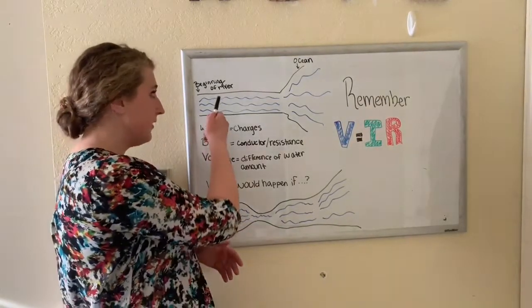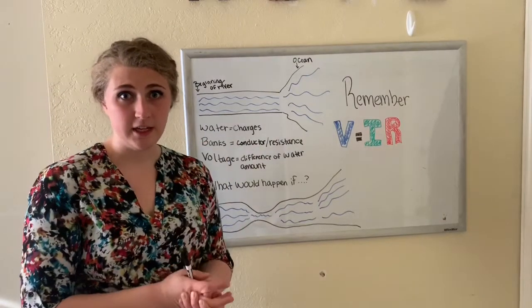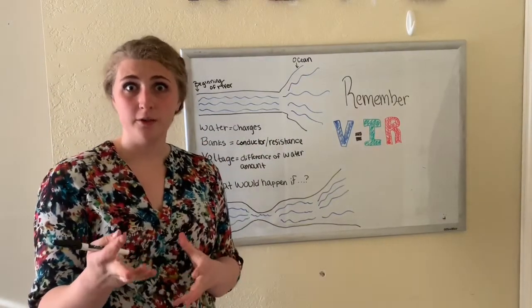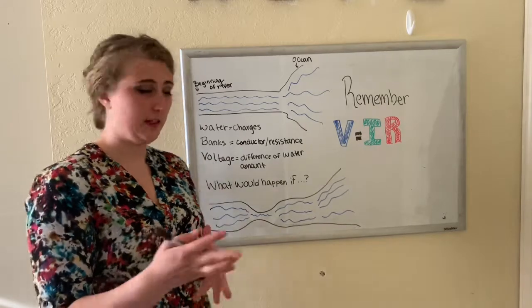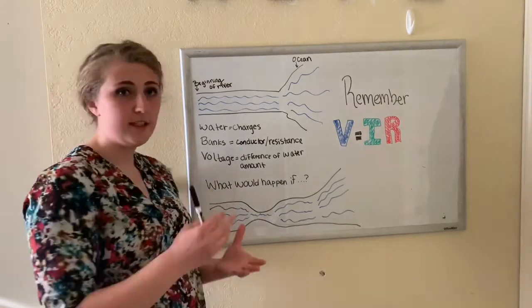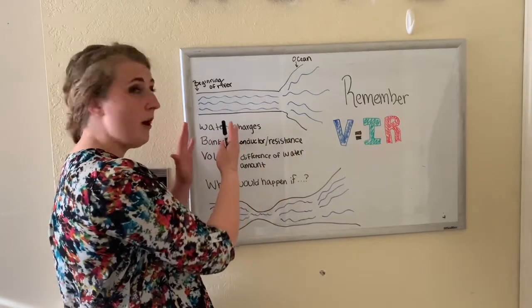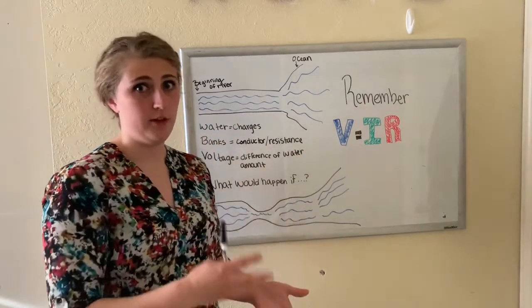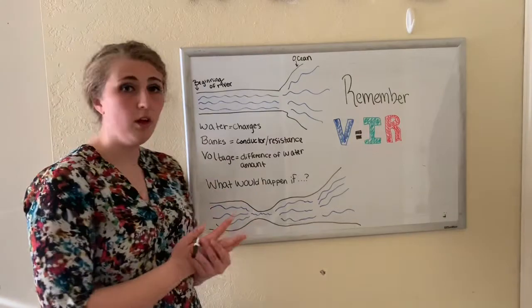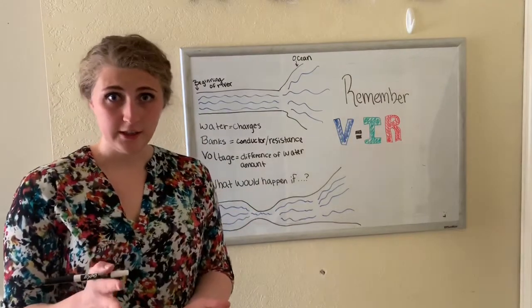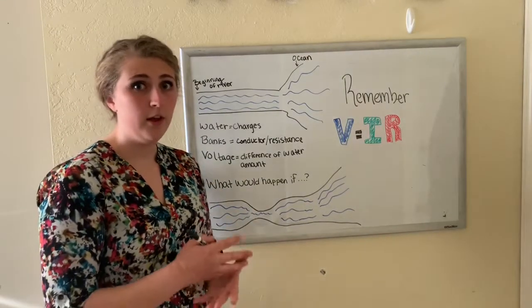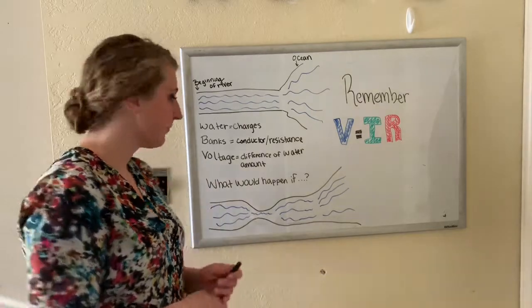The banks are going to be our conductor, and in turn, our resistor, as we talked about how they related. And our voltage is the difference in water between the beginning of the river and the ocean. The water in the river wants to get to the ocean where there's more room. As we discussed, our current is going to be the speed of the flow of water.